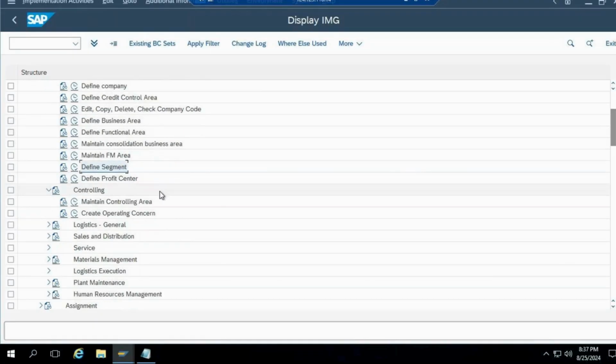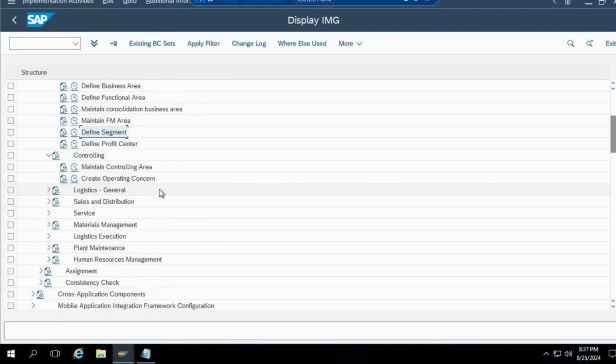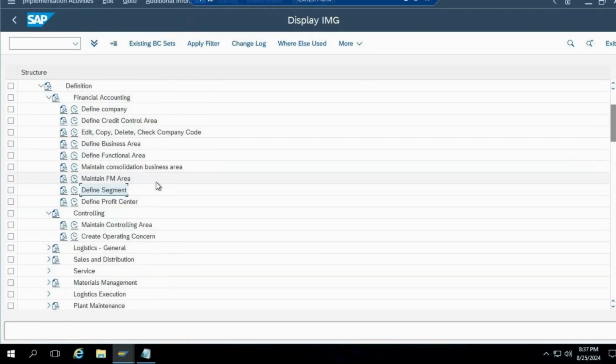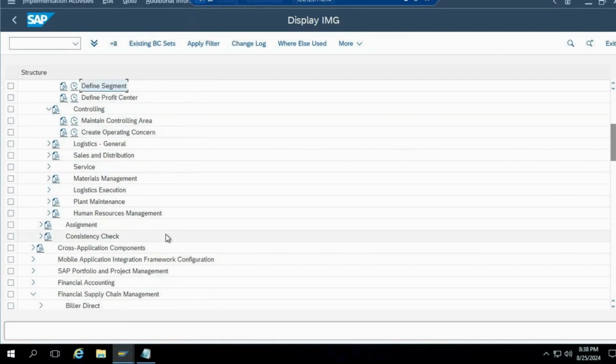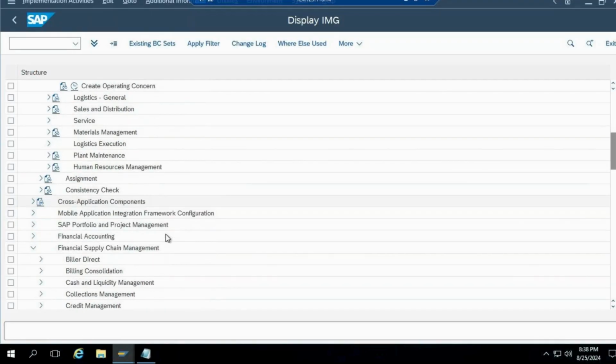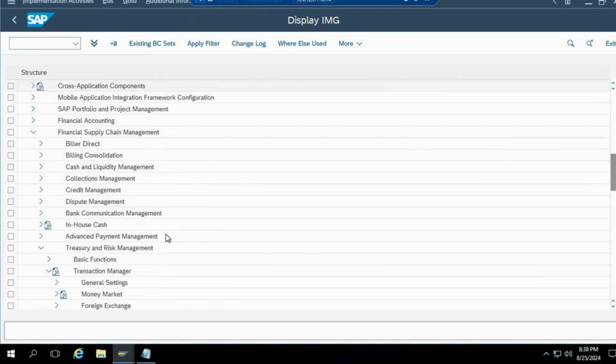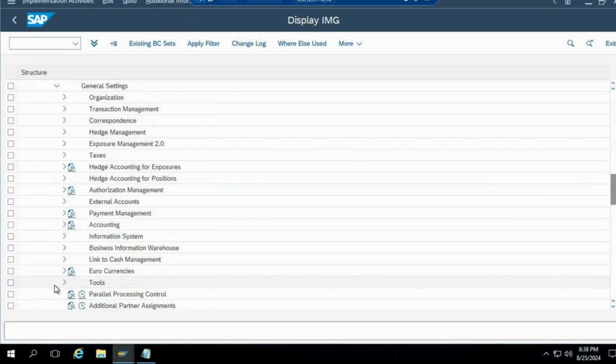We're going to see all these basic settings of the enterprise structure, right from company code creation, segment creation, profit center creation, document splitting, right? Then your ledger settings, all these things. Once we create that, then we go to our next organization structure, that is the treasury.